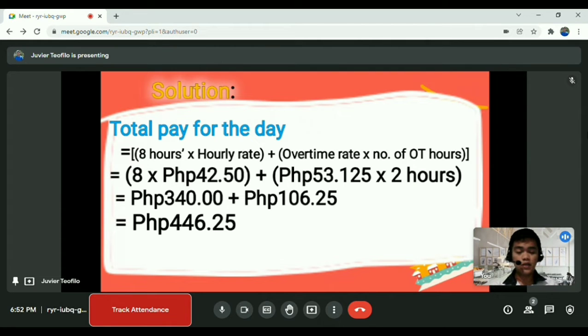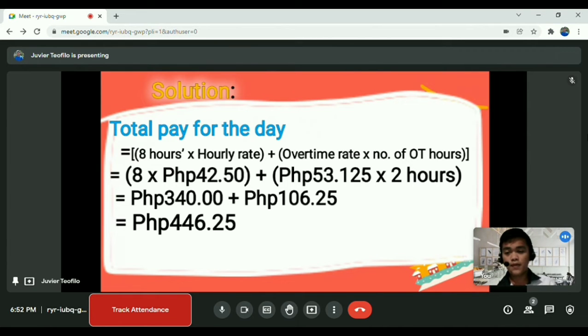Okay, sir, where did you find that 2 hours? As in the problem, Myrna works 10 hours, and our regular number of work hours is 8 hours, then we just subtract 10 minus 8, and it is equal to 2. And that is the overtime hours of Myrna.